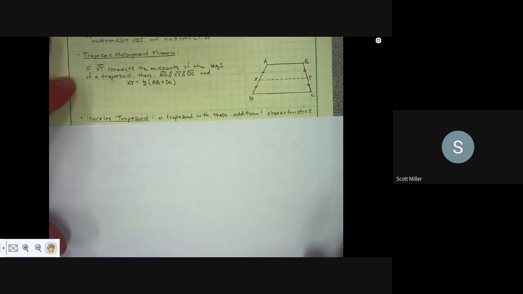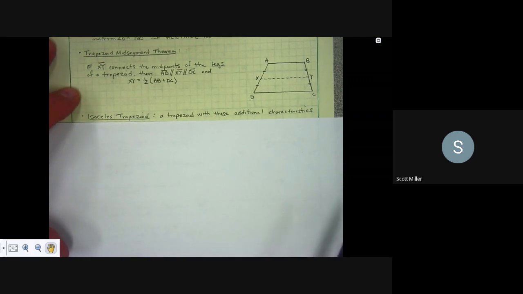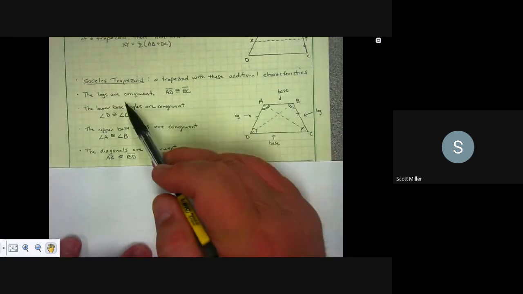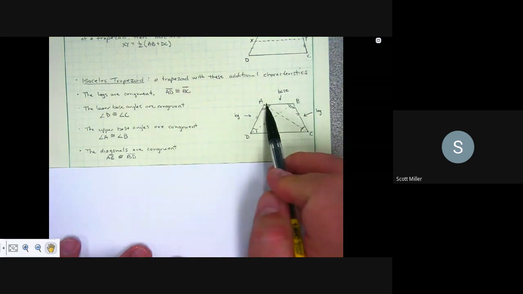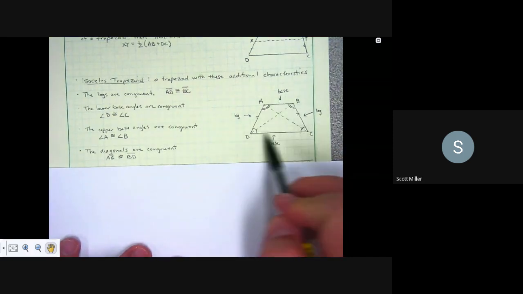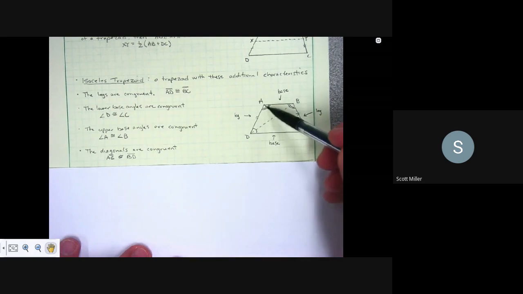Now, another type of trapezoid would be, like a triangle, the isosceles trapezoid. So what is unique about that? The legs are congruent. So it's a trapezoid, so the bases are parallel. Consecutive interior angles are supplementary.